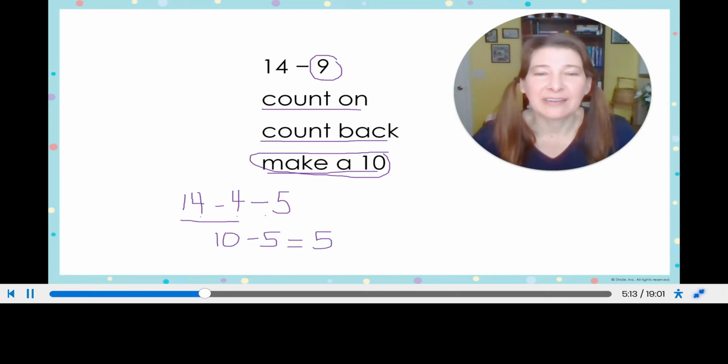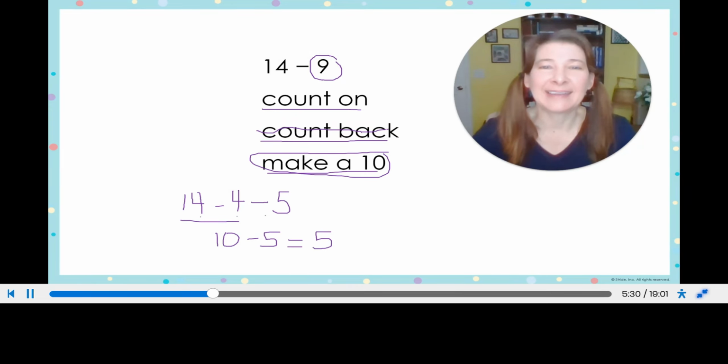Now let's look at our other strategies. We could have also counted on, or we could count back. I'm thinking, I don't think counting back makes too much sense. You can do it, but 9 is a lot to be counting back, isn't it? I think it would be easier to count on than to count back.